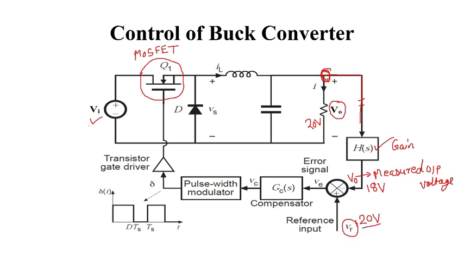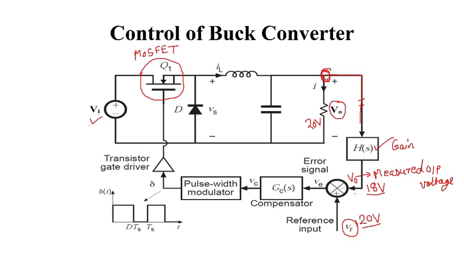I am taking 20 volt as a reference. In a particular application, I want the 20 volt to be maintained on the output side, but after measuring I am getting 18 volt. So I am putting this feedback as a control feedback loop. I am measuring the output voltage by using sensor or potential divider circuits.